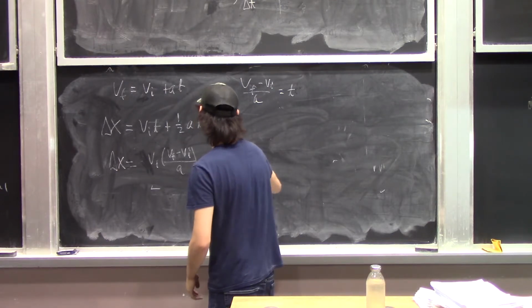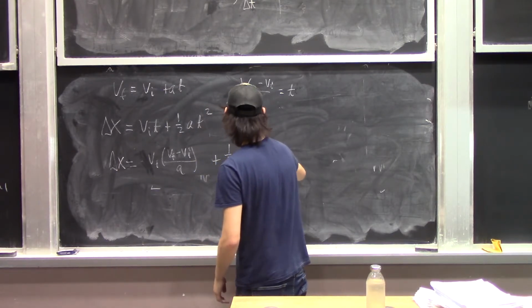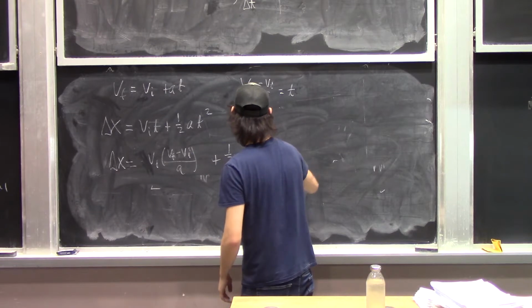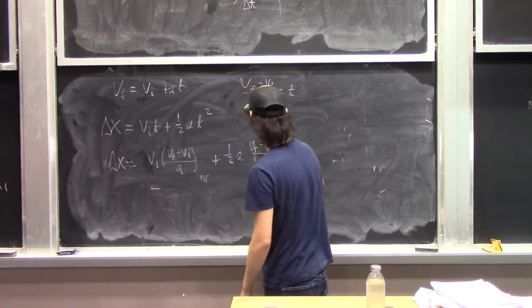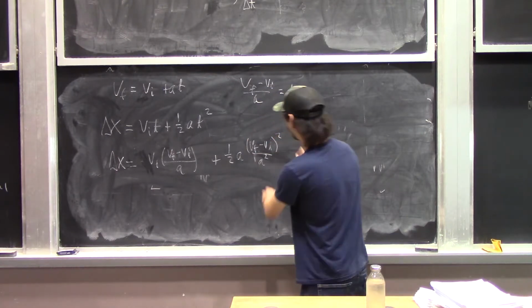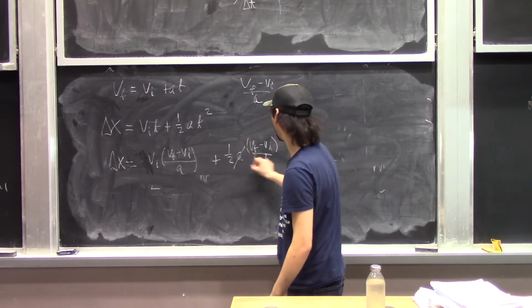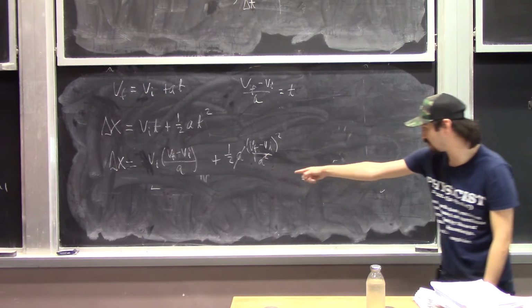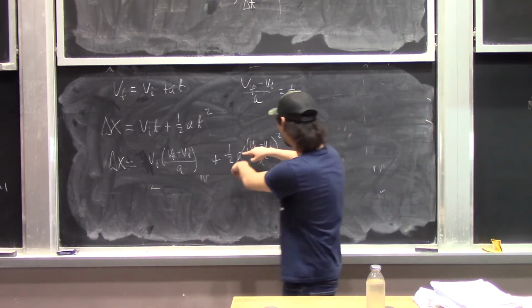plus 1/2 A times (VF minus VI divided by A), and both of these are squared. So when I square this, I'm going to cancel a factor of A here, so I have a factor of A in the denominator. Then I can expand this.